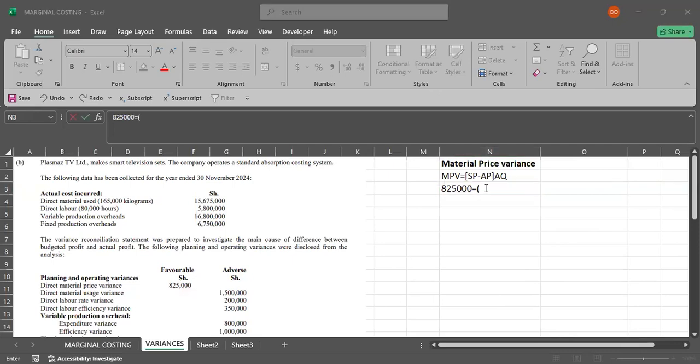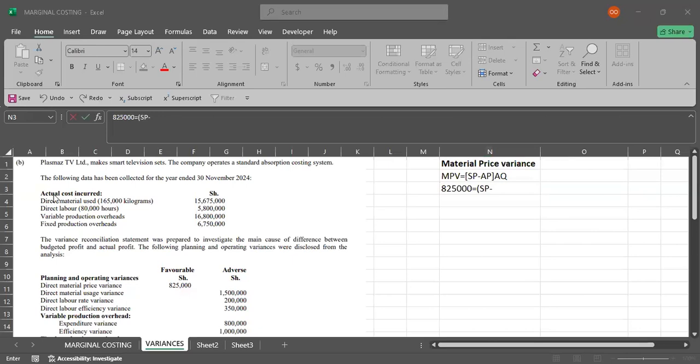So we're talking about standard price minus actual price. Are we given actual price anywhere? Or is there any item given to us that can be used to calculate the actual price? Good.